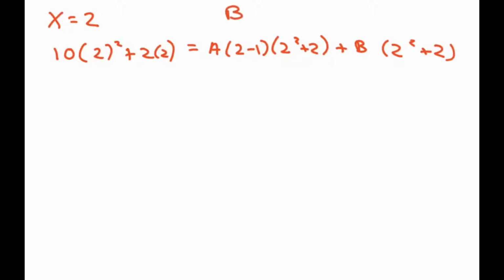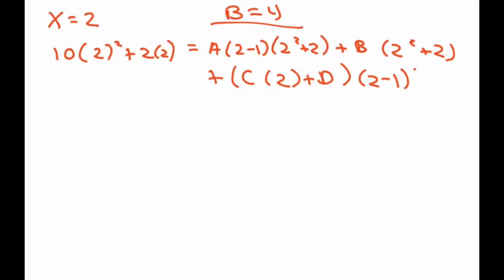I'm going to forget my b equals 4 here, so I don't have to go back. Plus c times 2 plus d times 2 minus 1 squared. This makes it a little easier.